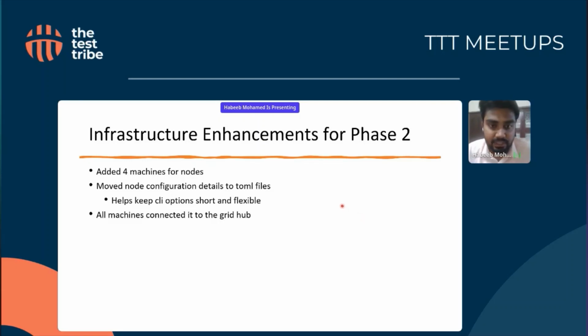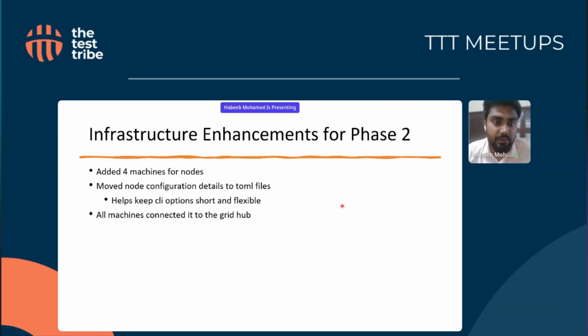Because when these configurations keep on increasing, using them as CLI options becomes very big, and it's not flexible. Every time you want to restart the machine and connect the node back again, you have to pass that very huge CLI option to connect to it.